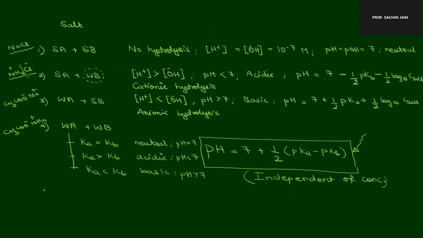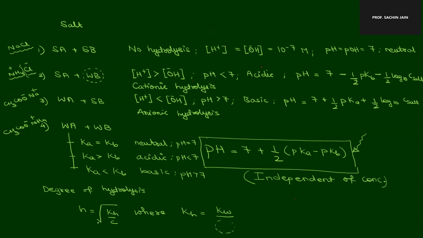Now here, many times a question on degree of hydrolysis can come, just like the question on alpha. And the shortcut to find the degree of hydrolysis is the same as for alpha. So here alpha is actually equal to root of Ka or Kb by C. So degree of hydrolysis is root of Kh by C, where Kh is the hydrolysis constant, given by Kw upon the ionization constant of the weaker component.